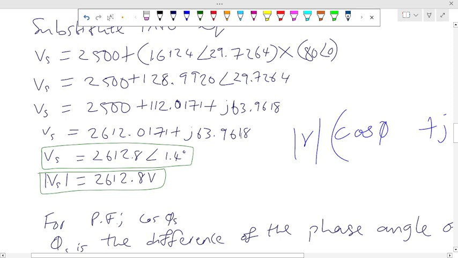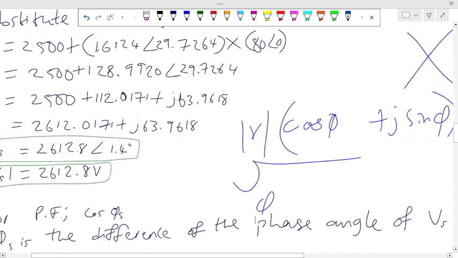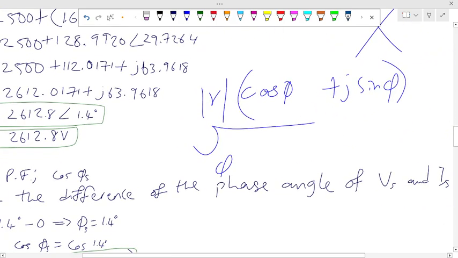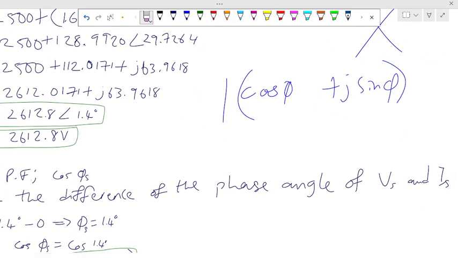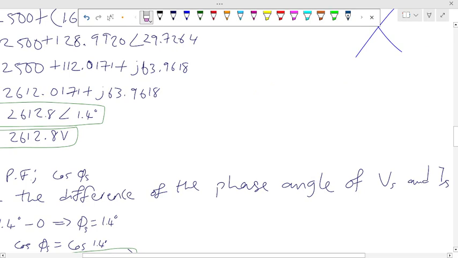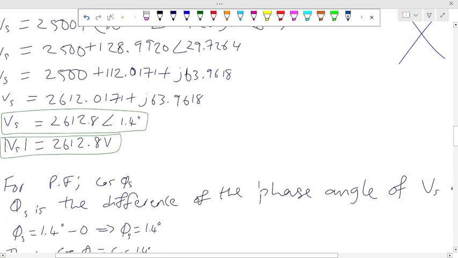Now to get back to our polar form, we then do this, the magnitude and then the angle. Of course, this squared plus, let me see if I can write that somewhere to make things easy.